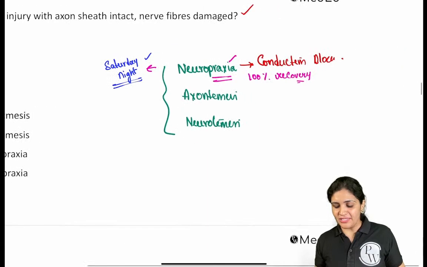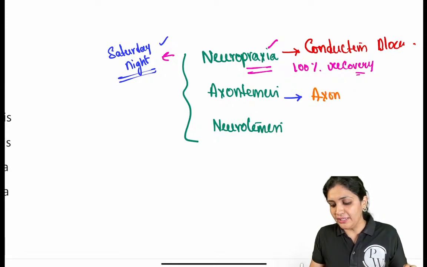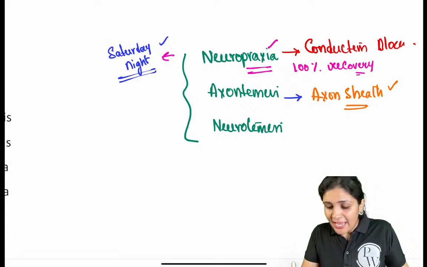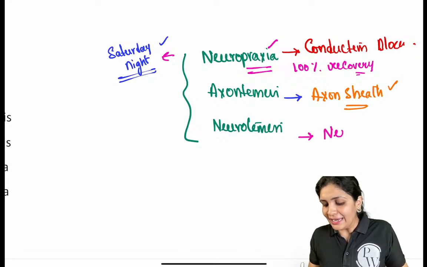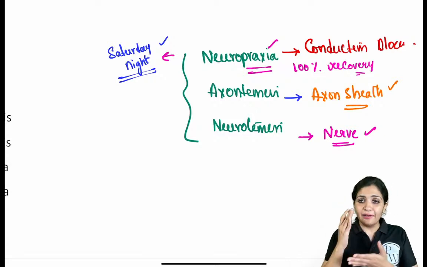So that is neuropraxia. Then what is axonotmesis? Axonotmesis is nothing but a damage to the axon sheath. So whenever there is a damage to the axon or axon sheath, this is called axonotmesis. And the third one is neurotmesis, where there is a cut. The nerve itself is cut. So the entire nerve itself is cut.